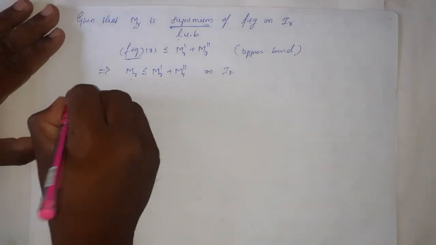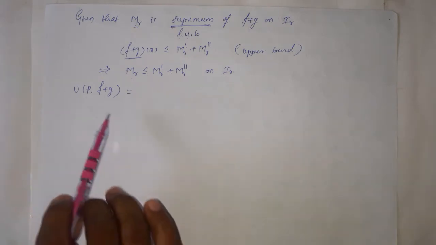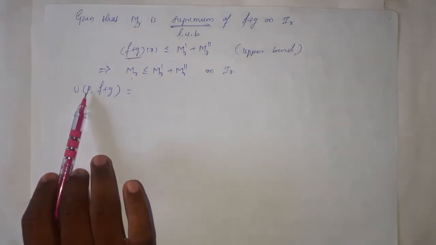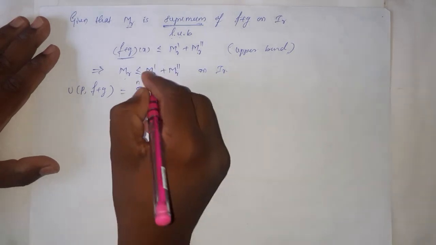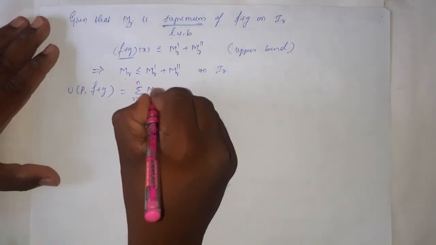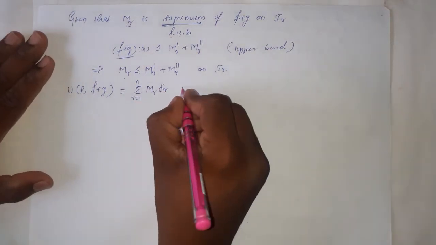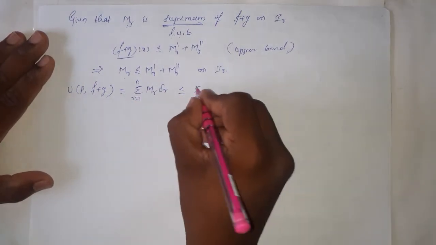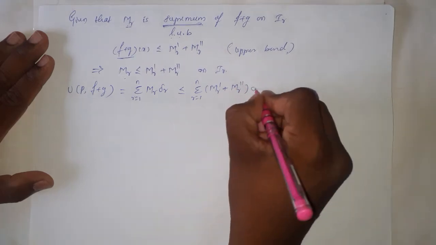So, here we know that UP f plus g is the upper Riemann sum for the function f plus g in the partition P. Therefore, by the definition of upper Riemann sum, we can write this as summation over r equal to 1 to n of Mr into delta r, where Mr is the supremum for the function f plus g and delta r is the length of subintervals of the partition P. Now, this can be written as less than or equal to summation over r equal to 1 to n of Mr dash plus Mr double dash into delta r.